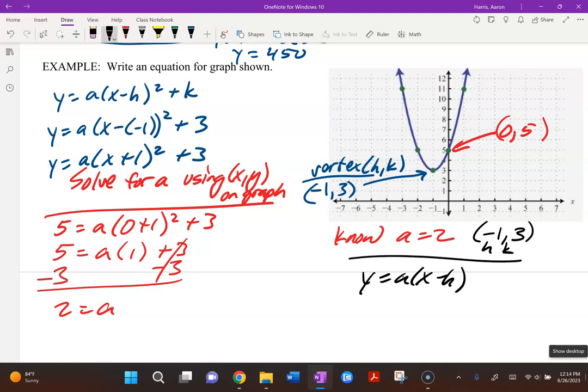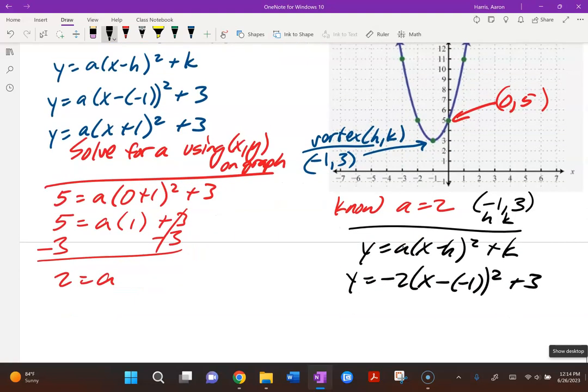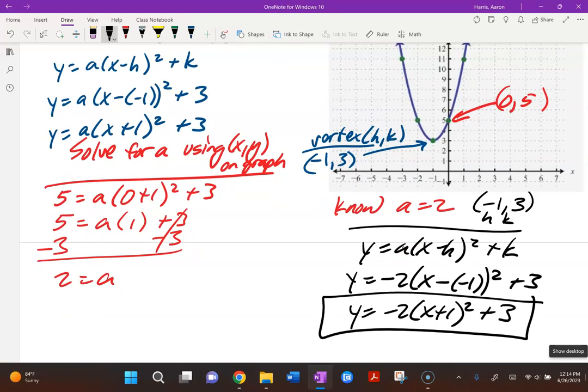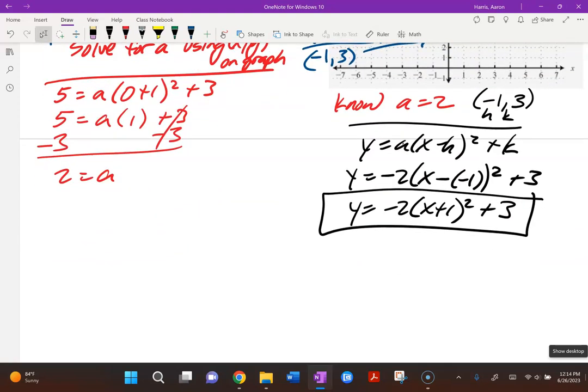In vertex form, y equals a times x minus h squared plus k. So here's my equation in vertex form. I could also expand that and put that into standard form if I wanted to as well.